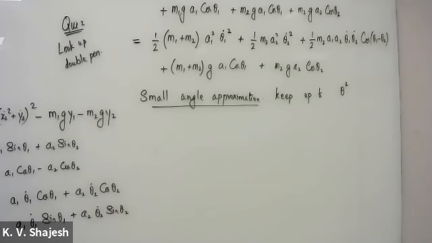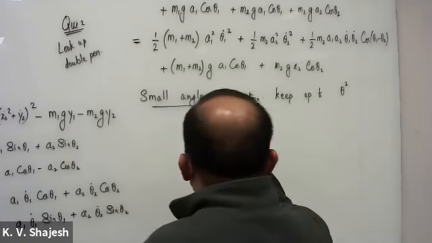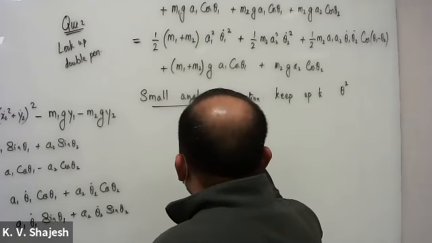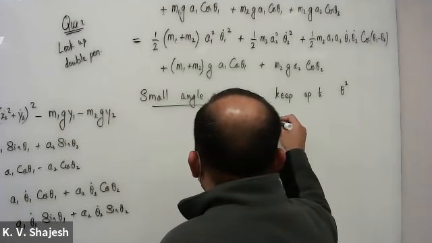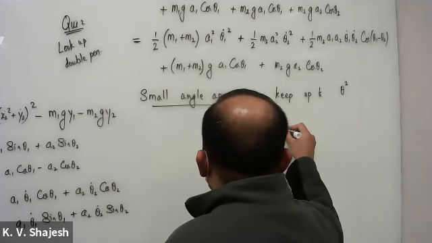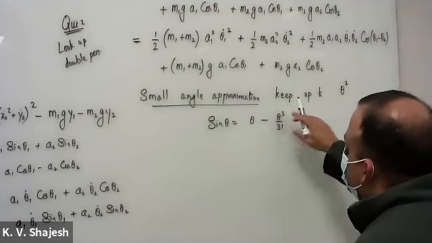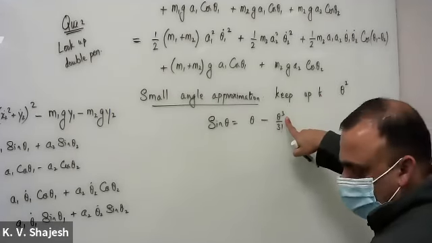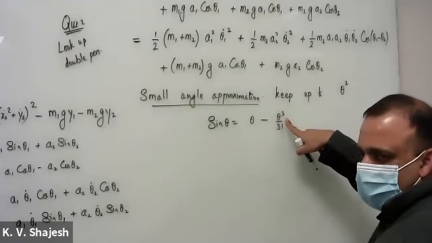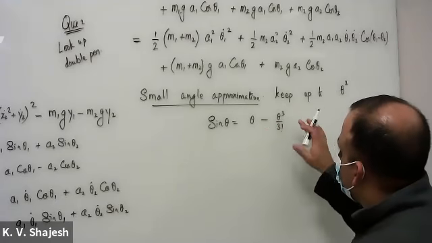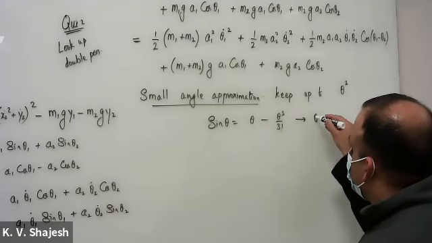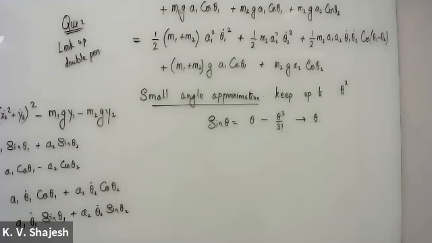Remember the small angle approximation is sine theta is theta minus theta cubed over 3 factorial. But if I take a derivative of this with respect to theta, I'll get a theta squared. That's nonlinear. So I'll say this will be just theta. So as far as sine theta is concerned, even in the Lagrangian, we just keep theta.